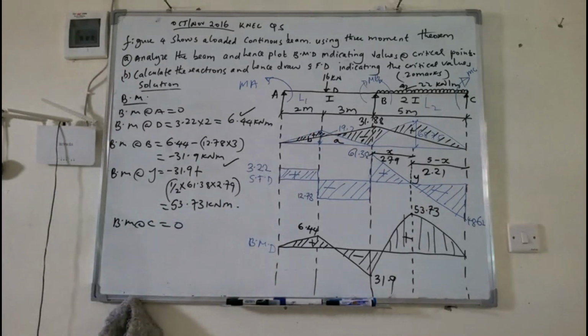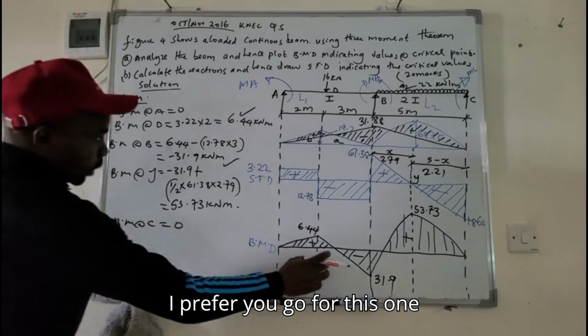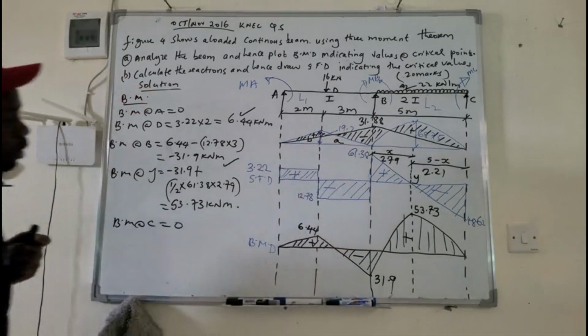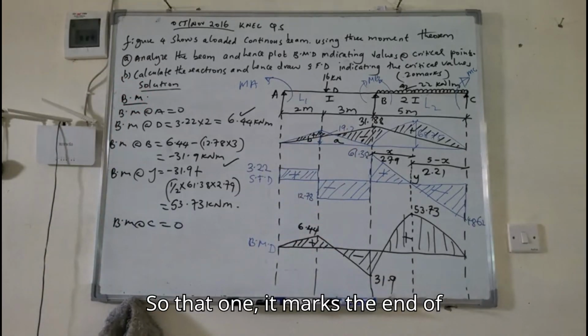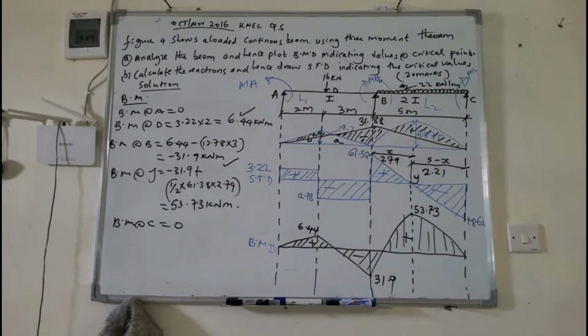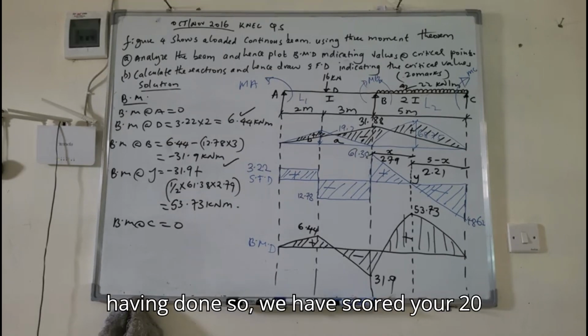So I prefer you go for this one rather than this one. So that marks the end of that question. It was 20 marks. So having done so, we have scored our 20 marks.